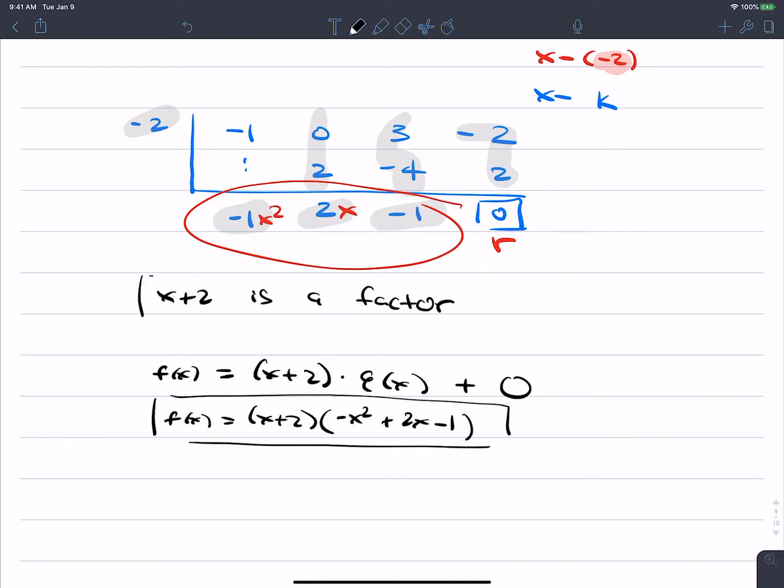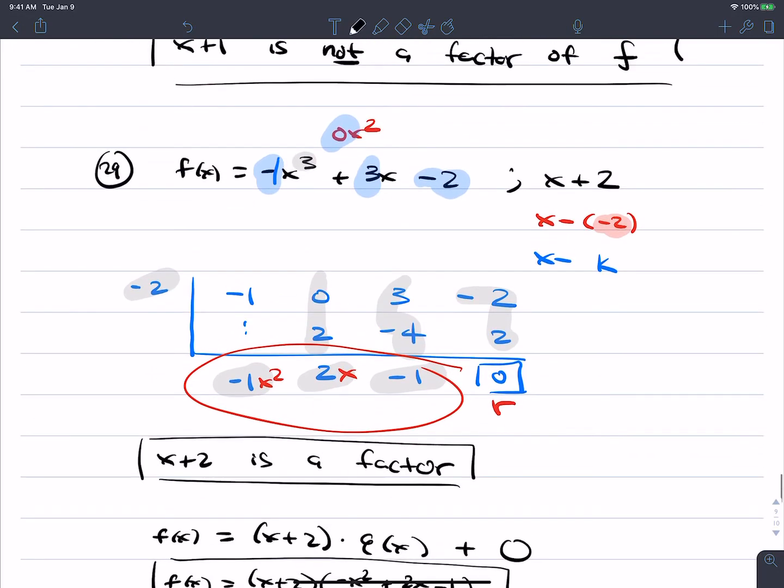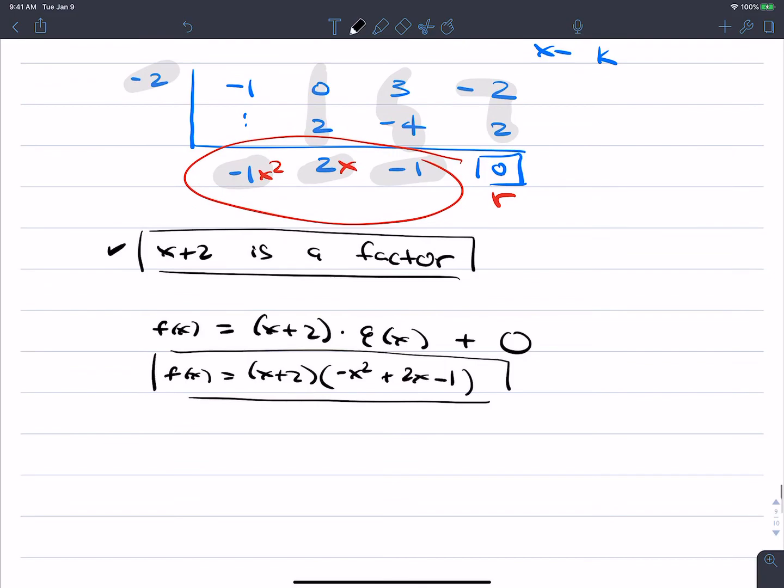You factored the original polynomial function. This function over here, this is the f they're talking about. So the answer to the question is that x plus 2 is a factor. However, we do want to know what that means. What that means is that we factored our f, and this is what you get when you factor.